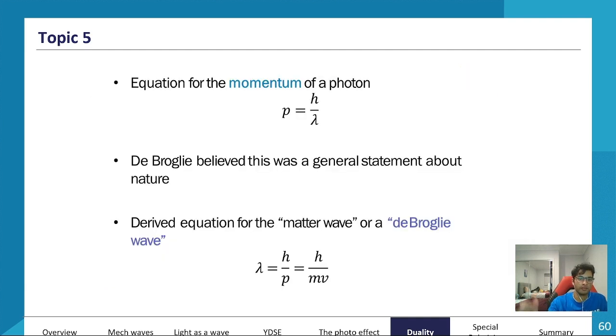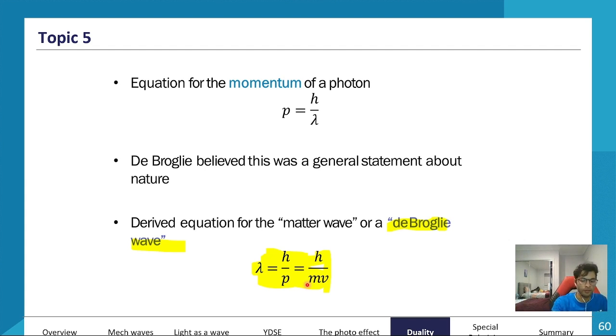And so this essentially proves that mass has a wavelength, and this wavelength is called the de Broglie wavelength, because this formula was derived by some guy named de Broglie. And so we get wavelength equals h divided by mv, where mv is just momentum.